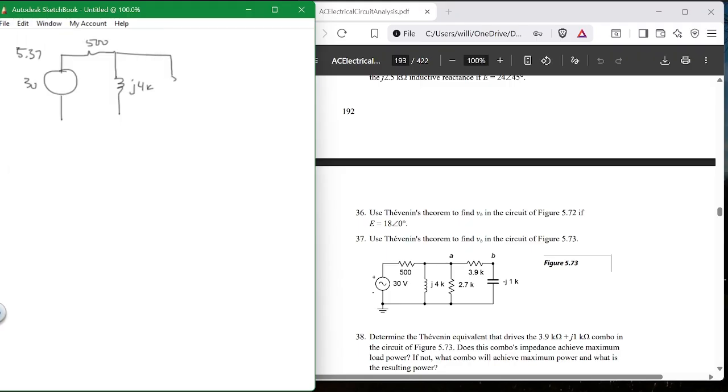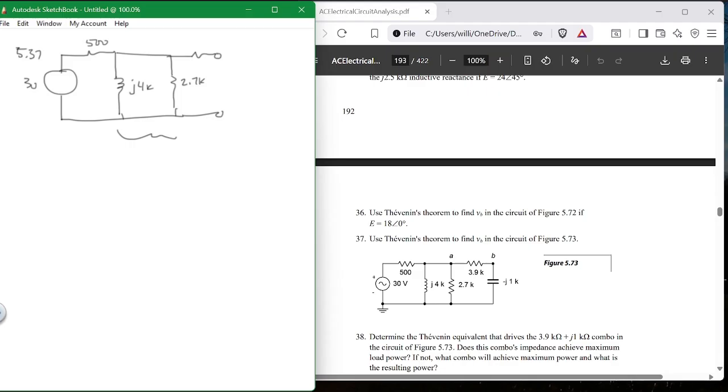What are you gonna do with these immediately? You're gonna make them into a box that they're equal to something, okay? And you're gonna cut this out. So this is a 2.7K. You're gonna combine these two into one and make it a complex Z.